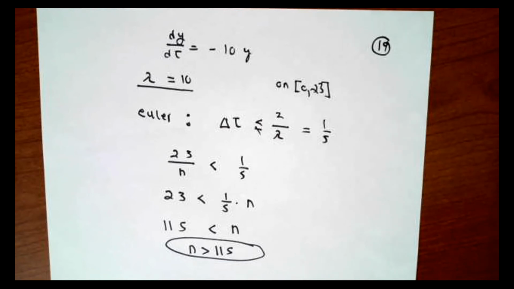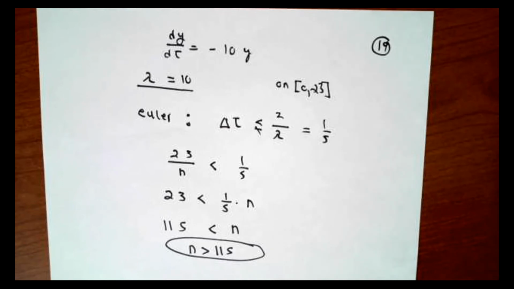So to get stability, it needs to be true that 23 over n is less than 1/5. n is positive, so you can multiply both sides of the inequality by n without altering the inequality sign. The same is true for 5. So it turns out that 115 needs to be less than n. n needs to be bigger than 115.